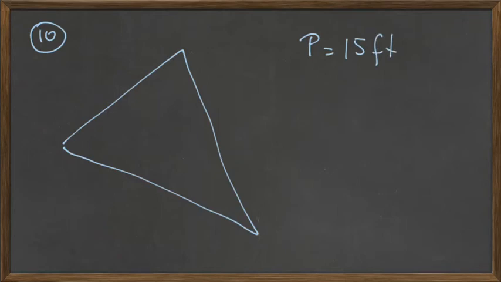So what did it say here? 3 consecutive integers. Okay. How do we set that up? The first side is what? We have 3 consecutive integers, so we have 3 sides. And when we look at the perimeter, we add up the sides. They have to be equal to 15.